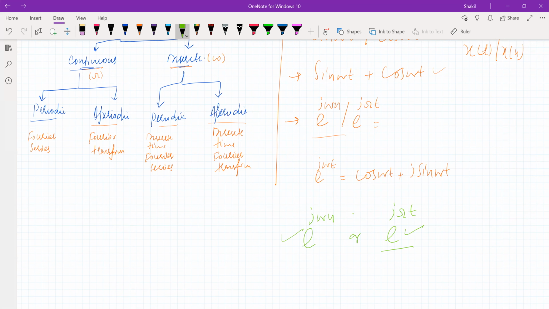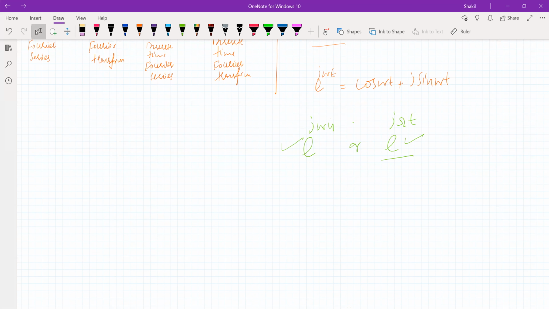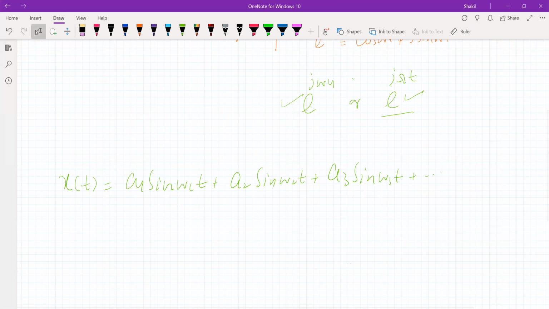Remember that. All right. From the previous session, we express x of t like this: a1 sine omega 1 t plus a2 sine omega 2 t plus a3 sine omega 3 t and so on. We simply write it as the summation of ai sine omega i t, where the summation is over i.